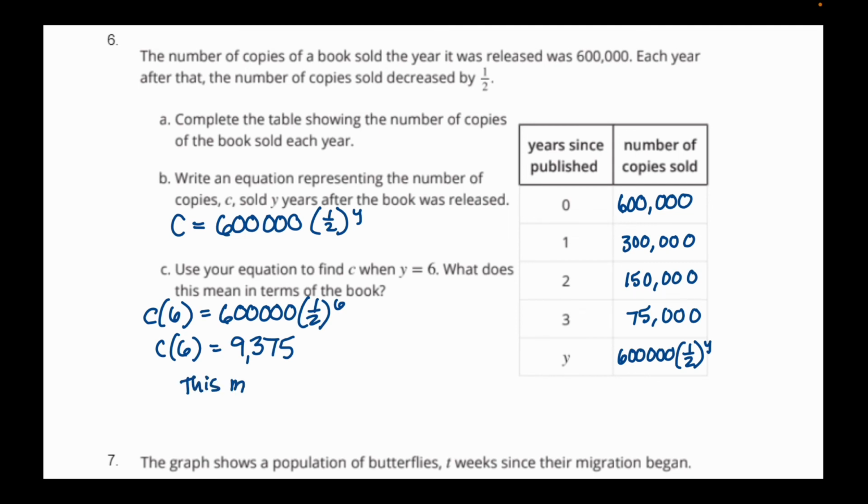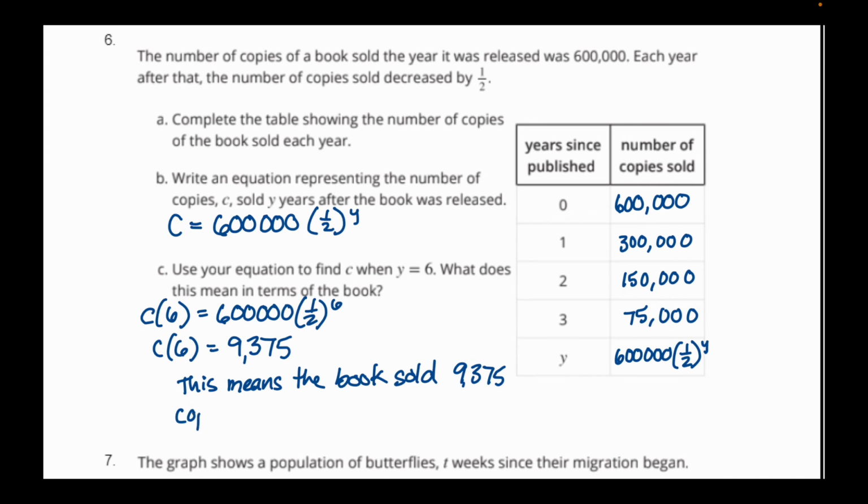This means the book sold 9,375 copies 6 years after it was published.